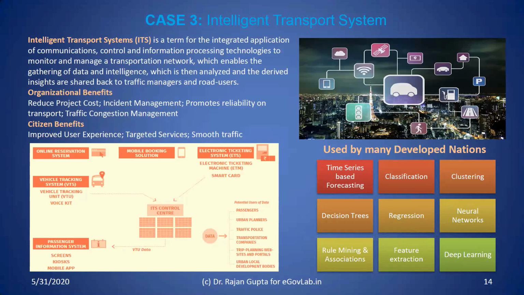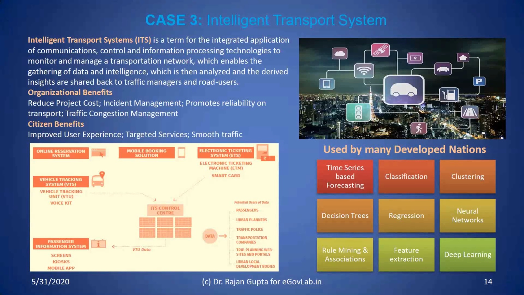So these kinds of things improve the user experience. It helps both the user as well as the administrator in having smoothness in the whole transportation system. So if public and private transportation systems can be managed well, then it avoids chaos in the city, which is happening in a lot of places where we have high population density.